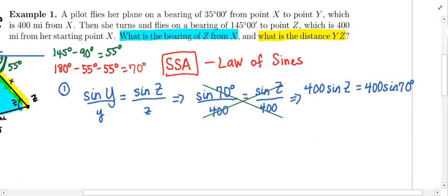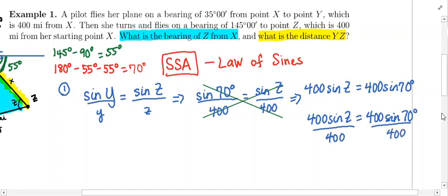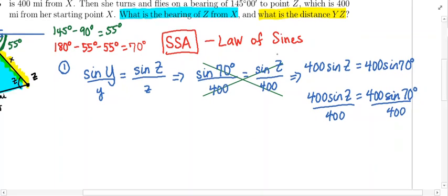On the right side, 400 times the sine of 70 degrees, that's just a number. And if you notice, the sine of Z is being multiplied by 400. So in the next statement, I'm going to rewrite this and divide by the 400. Then you'll see that there's some cancellation here. These guys will cancel, these guys will cancel.